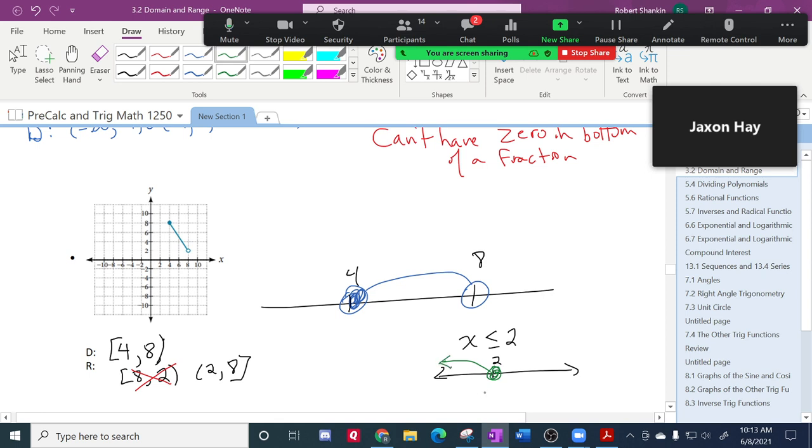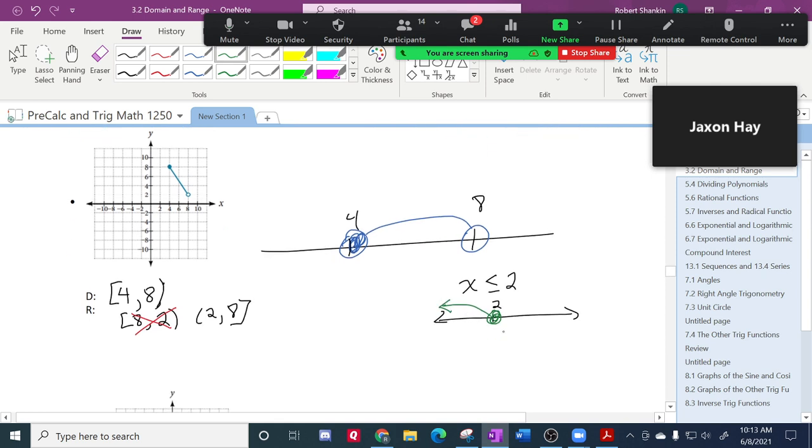And then when you write it in interval notation, a really common student mistake is to put 2 and then go backwards to the left, negative infinity. But that's wrong, because we have to go from left to right, we have to go negative infinity to 2, like this. And same way over here.